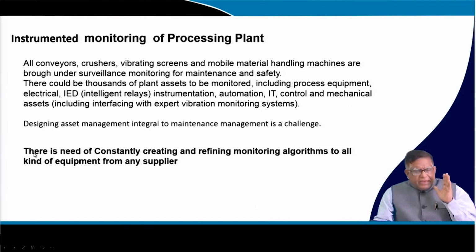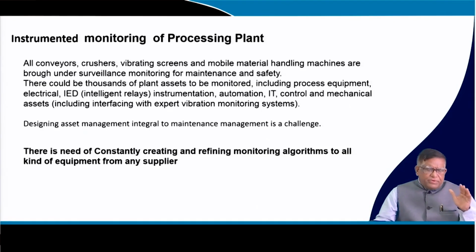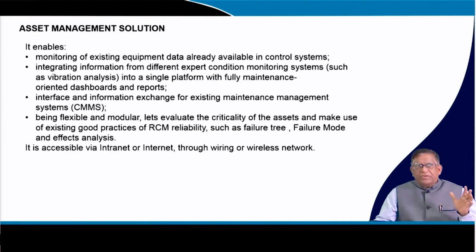Instrumented monitoring of the processing plant can be done by different types of instruments. Electronics is coming in a big way, and sensors are coming, and from there you develop the controlling equipment for knowing these things.